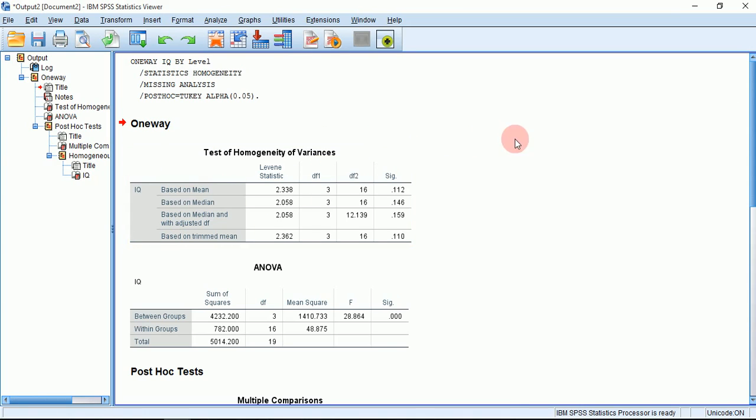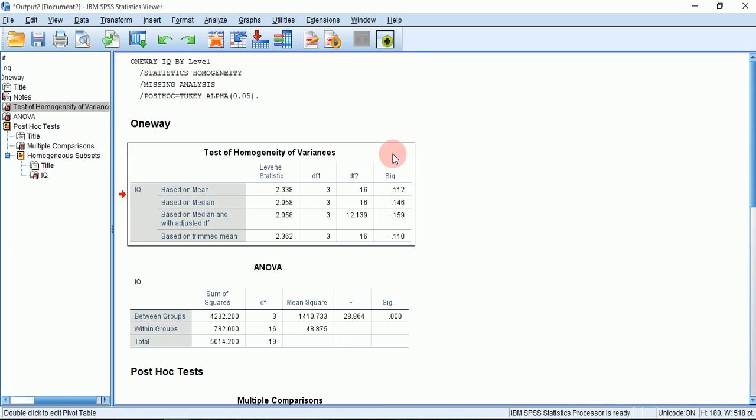From this table you can determine what type of homogeneity your dataset is holding, whether the dataset is holding homogeneity of variance or heterogeneity of variance.